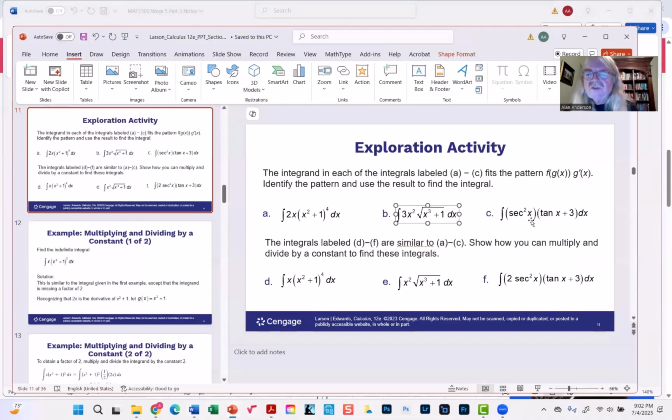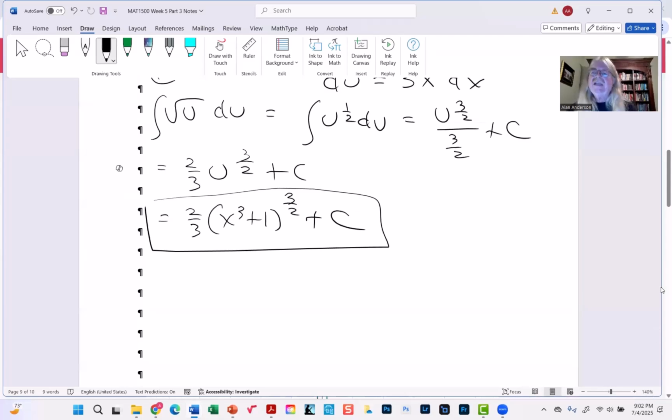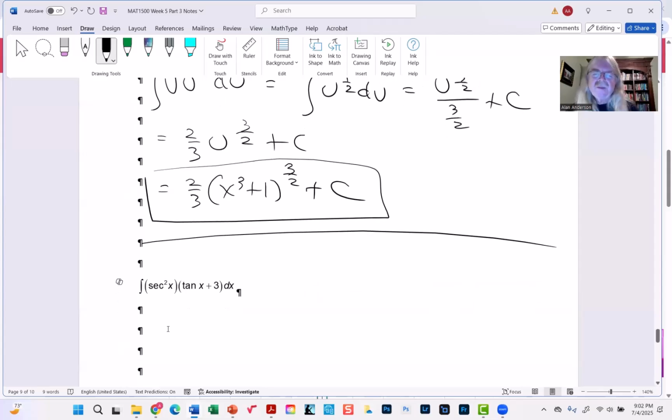Now, the third one, of course, there's trigonometry involved. These guys love trigonometry. They can't let us get away without a single trig function here. So in this case, we have to be careful.